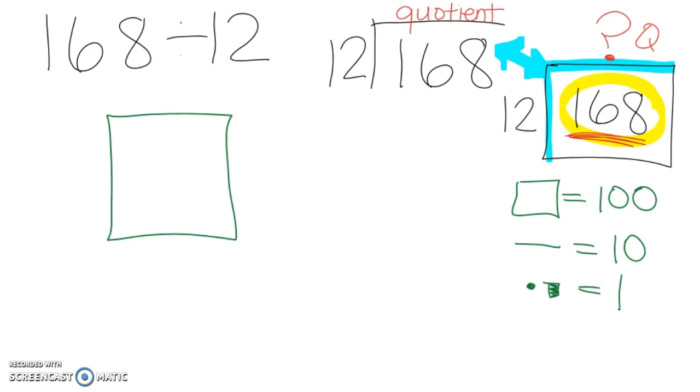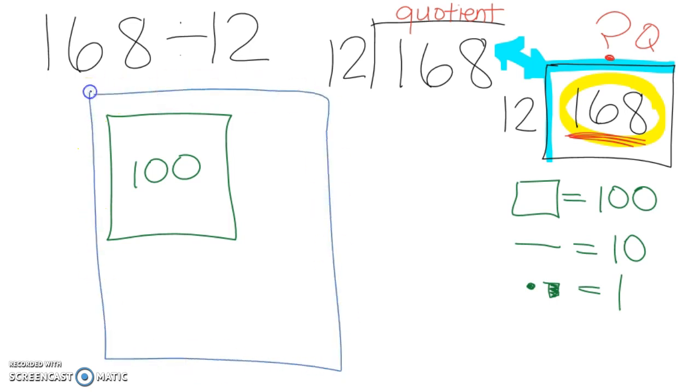Here we have our long, our flat. It's worth 100. So we're going to model 168, but when we model 168, we know that we're trying to create a rectangle, and the value of this side needs to be 12.